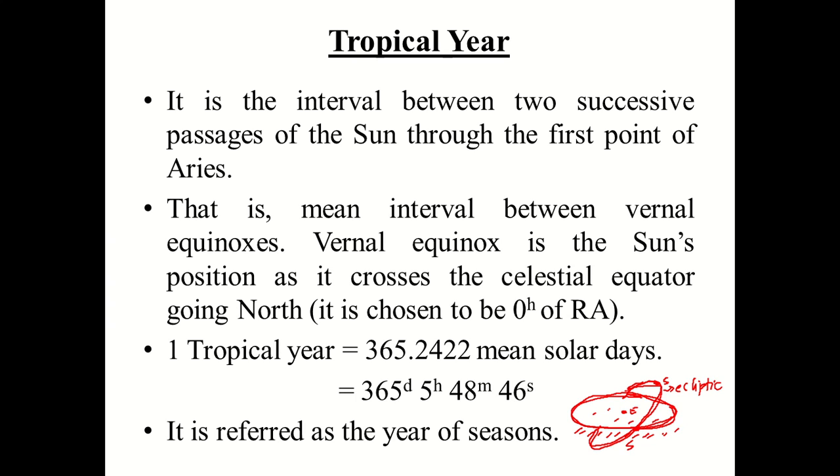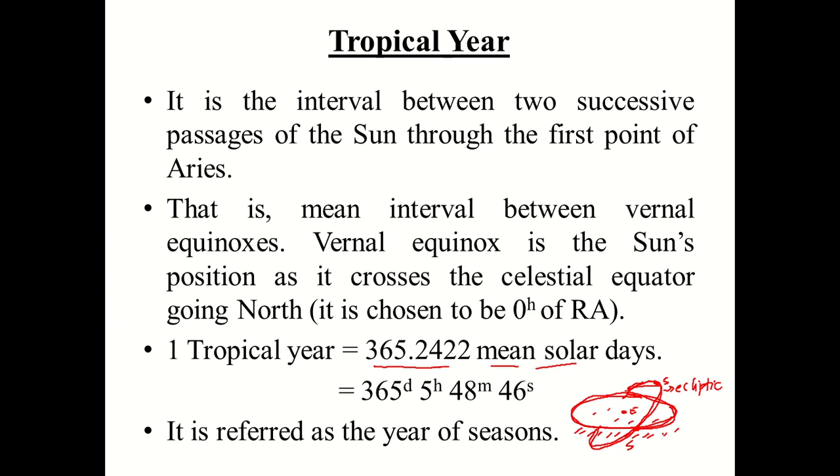One tropical year is exactly 365.2422 mean solar days. We will discuss what a mean solar day is while discussing the day. So it is exactly 365 days, 5 hours, 48 minutes and 46 seconds.